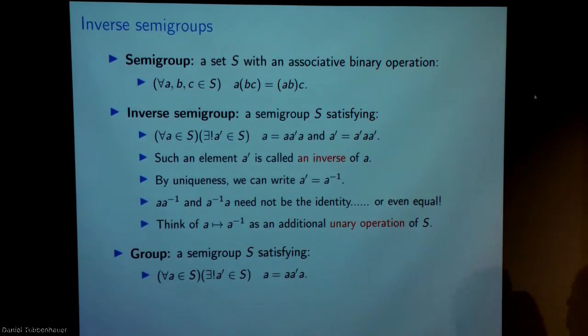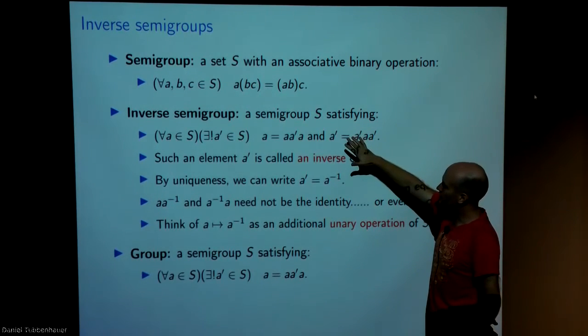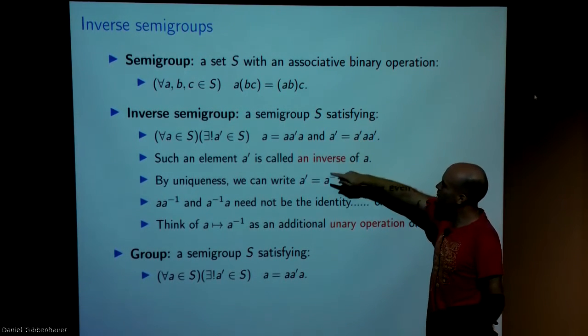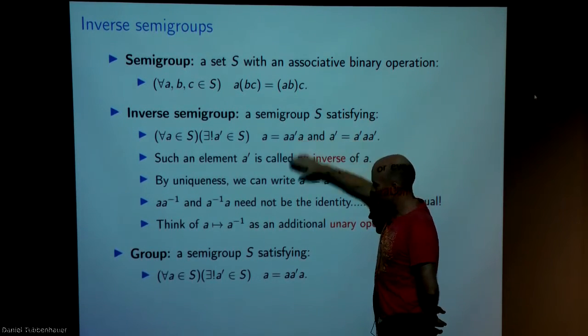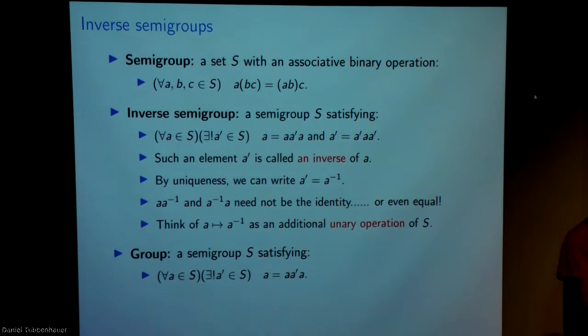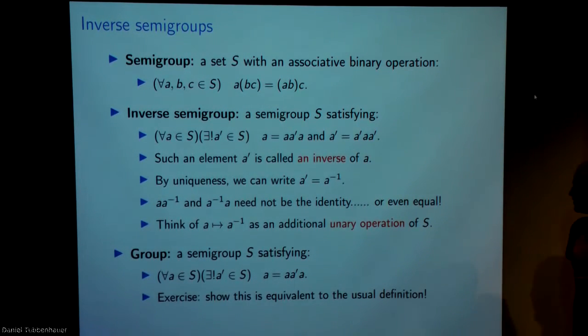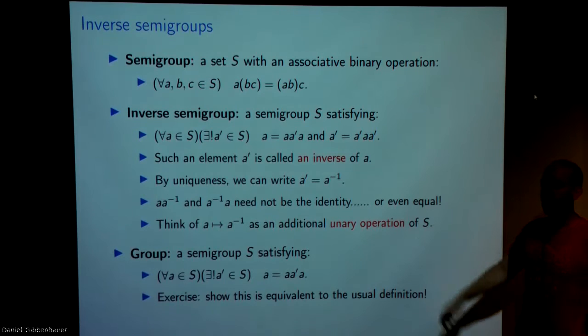All right, what is a group? It's an interesting exercise to show that a group is just an inverse semigroup where you drop this second part here. No one tells their group theory students that that's what a group is, but it's a fun little exercise to show that that's equivalent to the usual definition. And this is not a one-line proof or anything.